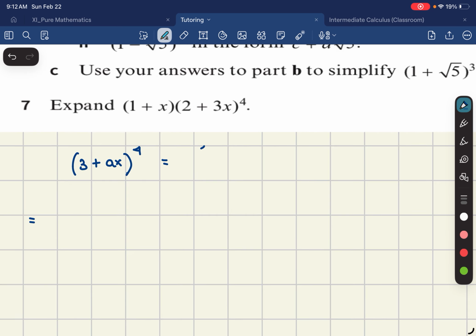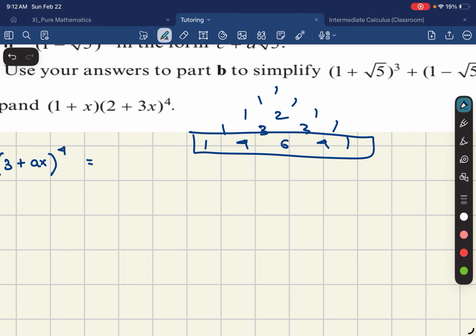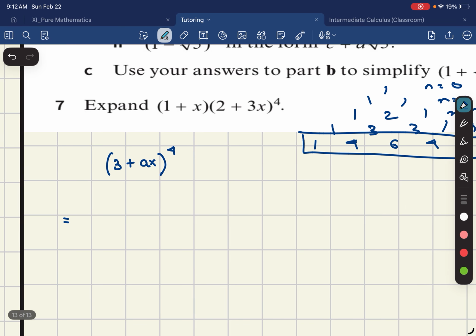And if you expand it out, if you use Pascal's triangle, so you draw Pascal's triangle 1, 1, 1, 2, 1, 1, 3, 3, 1, 1, 4, 6, 4, 1. So using the 1, 4, 6, 4, 1, because this corresponds to n equal to 4. Again, remember, n0, n1, n2, n3. So 1, 4, 6, 4, 1 corresponds to n4.